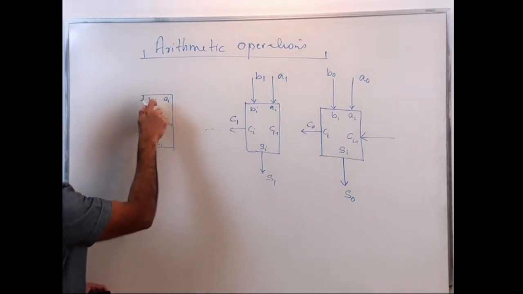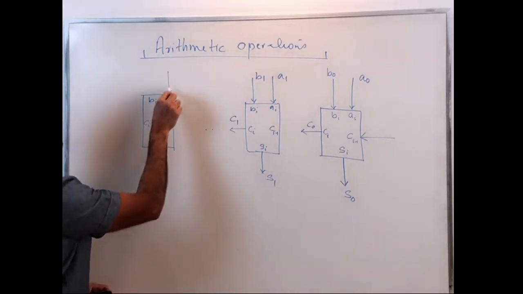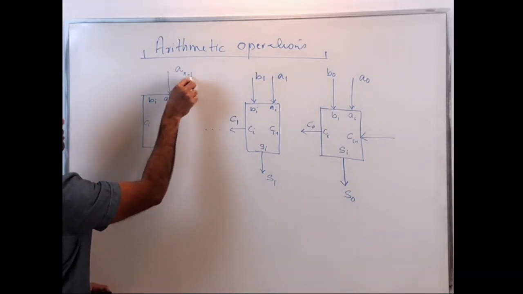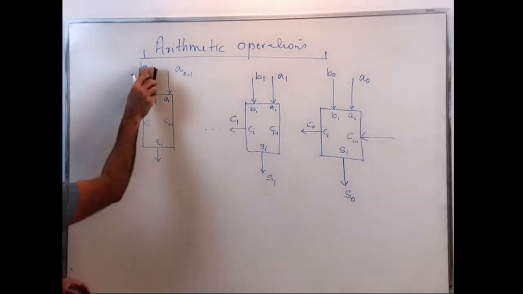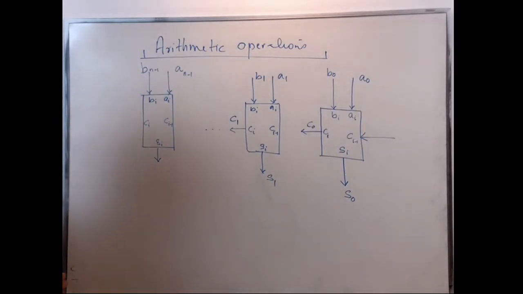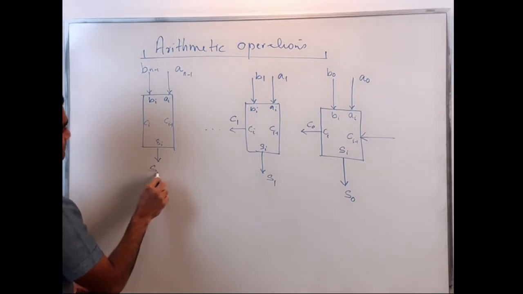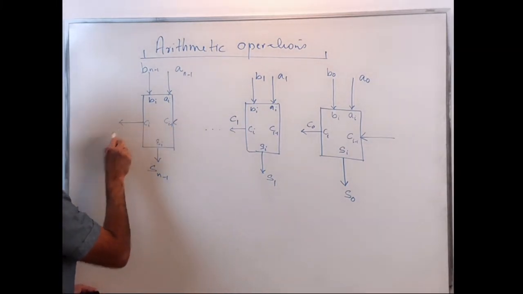For the nth module, I'm applying An minus 1, Bn minus 1 as the inputs. My sum is going to be Sn minus 1, and I need to make the interconnections now.